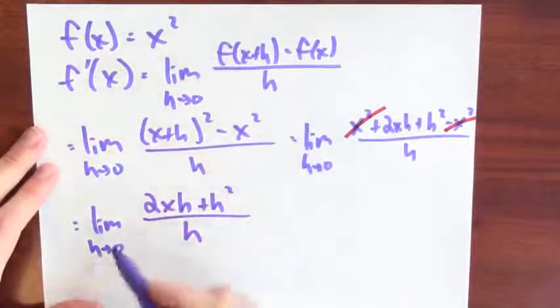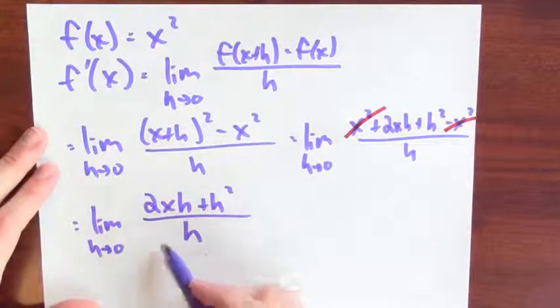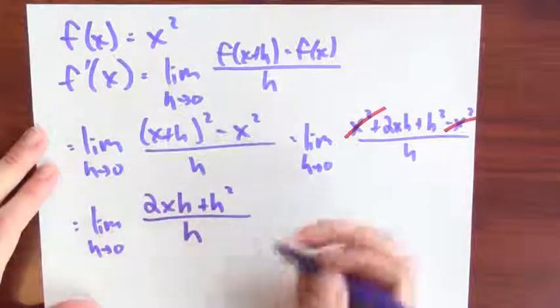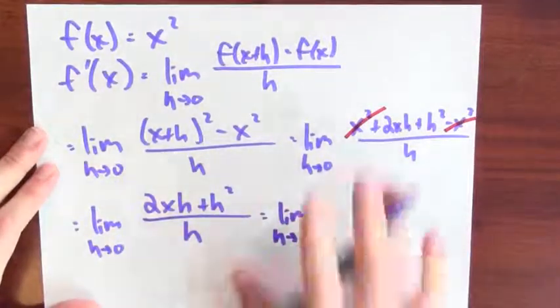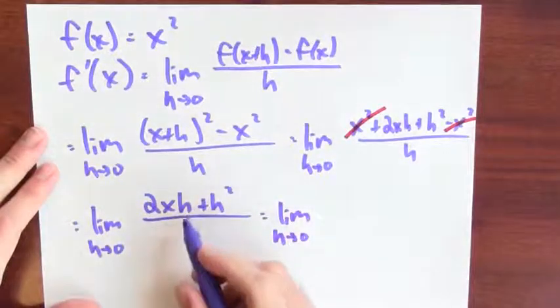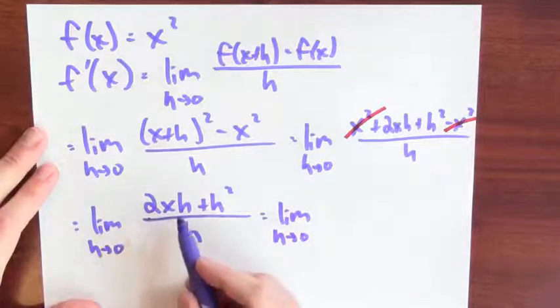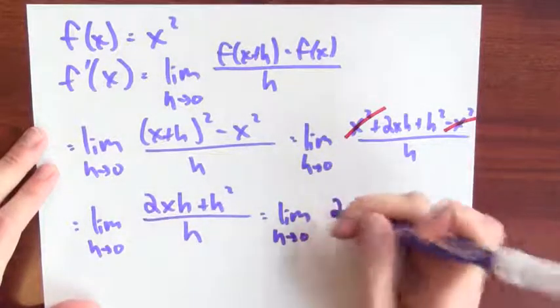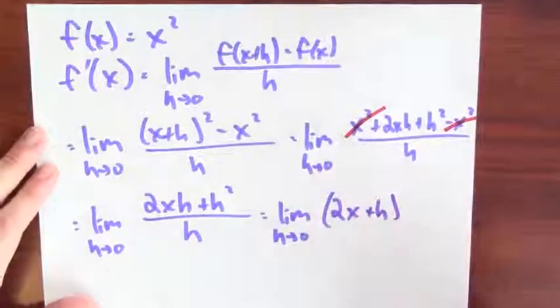More good news. In the limit, I'm never going to be plugging in h equals 0, so I can replace this with an equivalent function that agrees with it when h is close to but not equal to 0. In other words, maybe a little bit more simply, I'm canceling an h from the numerator to the denominator. So 2xh over h is just 2x, and h squared over h is just an h.